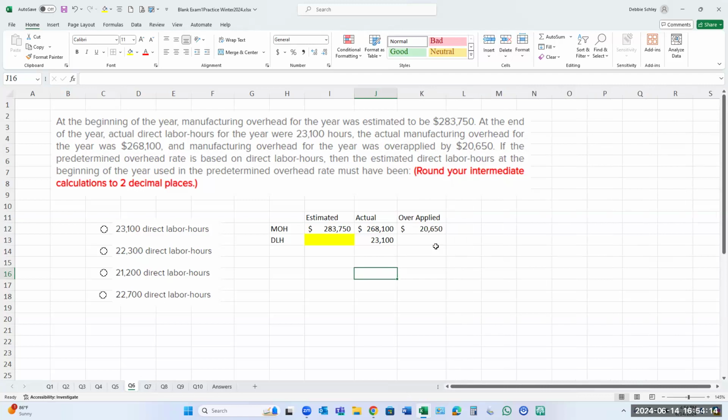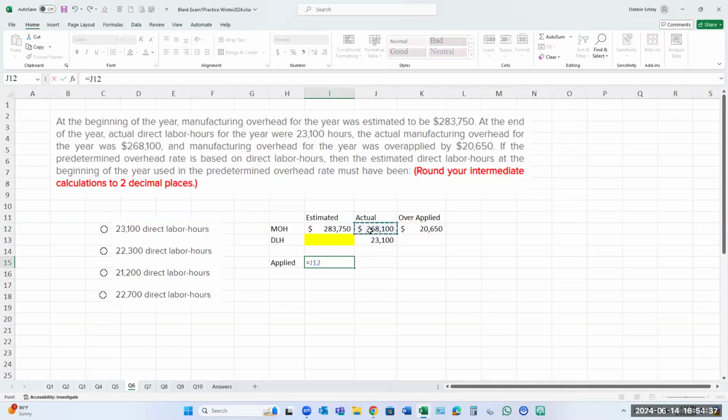They want us to work backwards. So the first thing I need to figure out was what was the applied manufacturing overhead? Well, applied was over or more than actual. So I will take my actual manufacturing overhead plus the over applied, and that gets me back to manufacturing overhead applied.